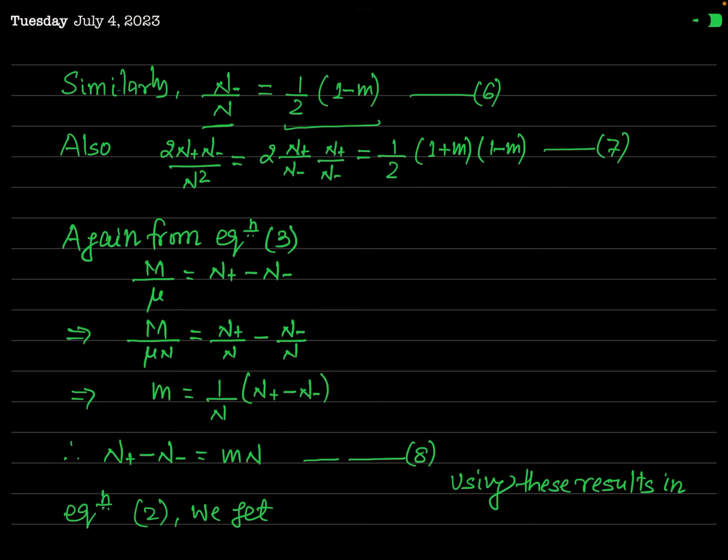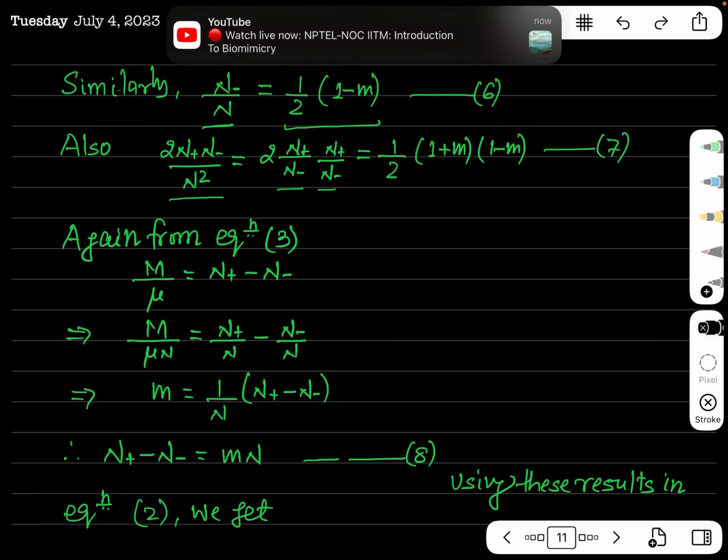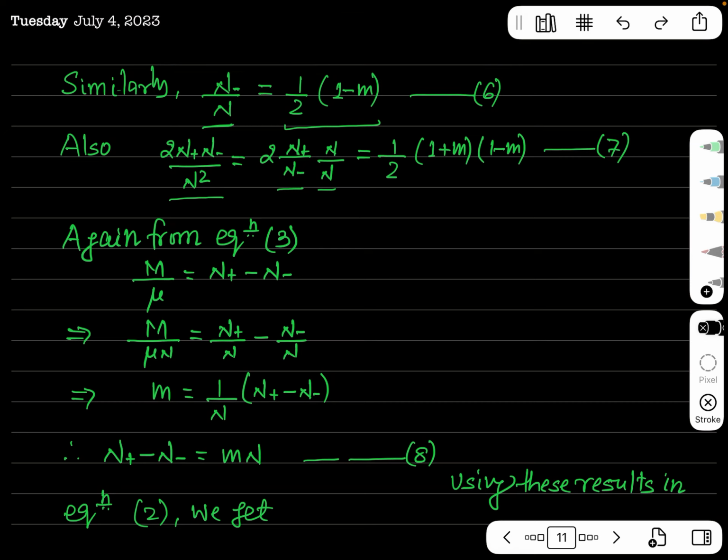And for that you can see that another term was 2n plus times n minus divided by n square, and this can be written as 2 times n plus by n times n minus by n. Sorry, this is actually written wrongly here. This will be not plus, this will be n minus.